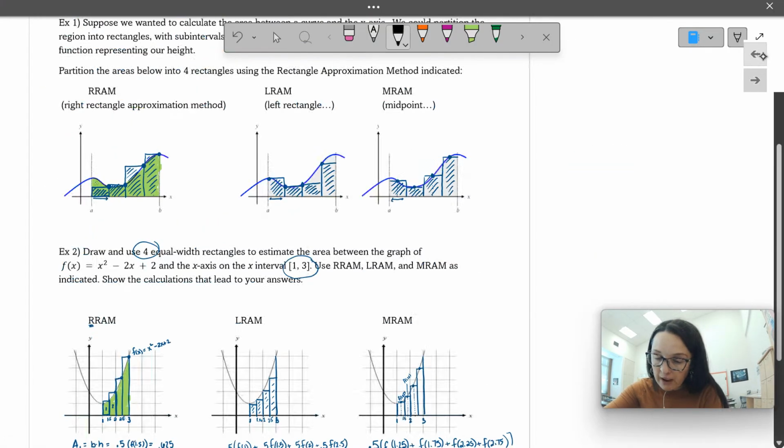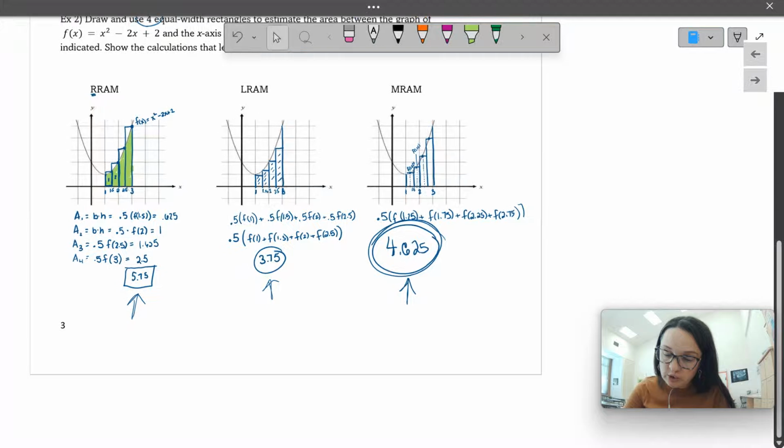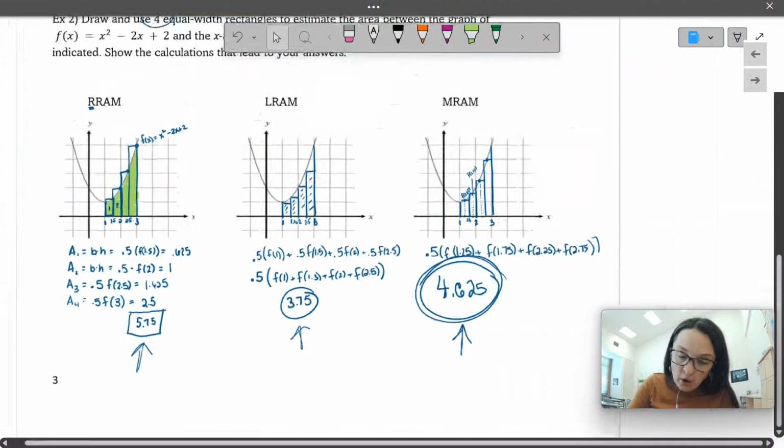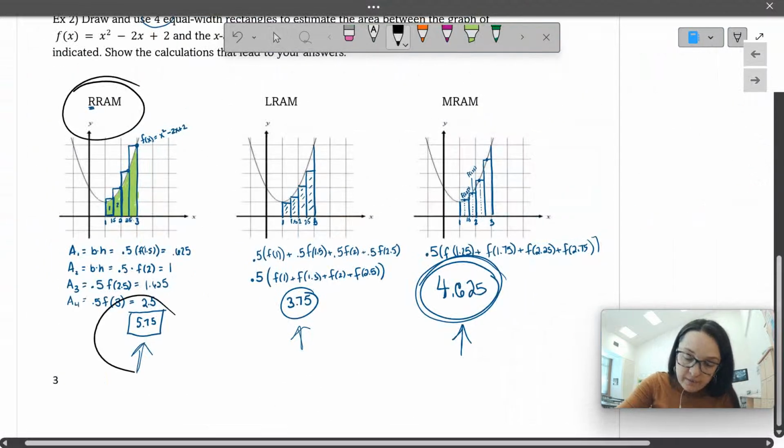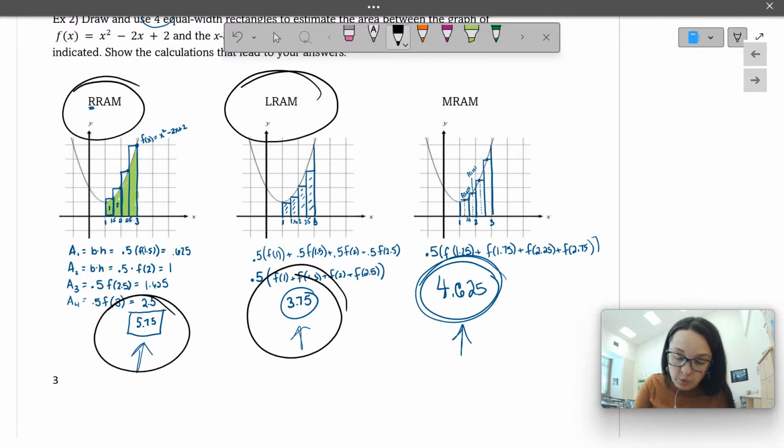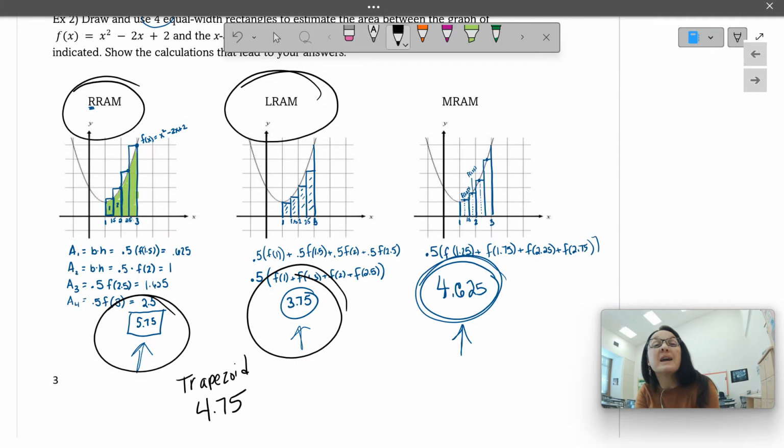If we go back to this same picture, the RRAM estimate is 5.75. The LRAM estimate is 3.75. And the trapezoid estimate is 4.75. Guess what? That is not a coincidence.